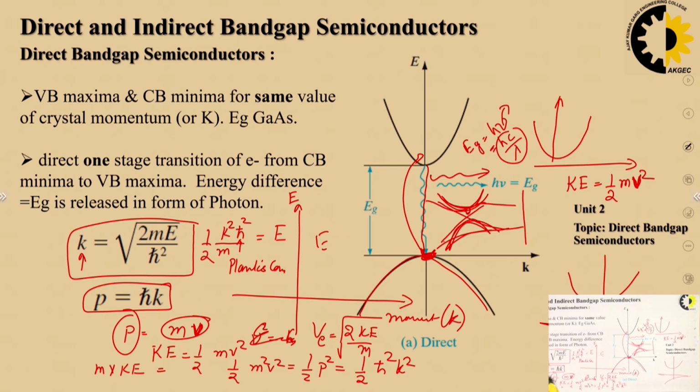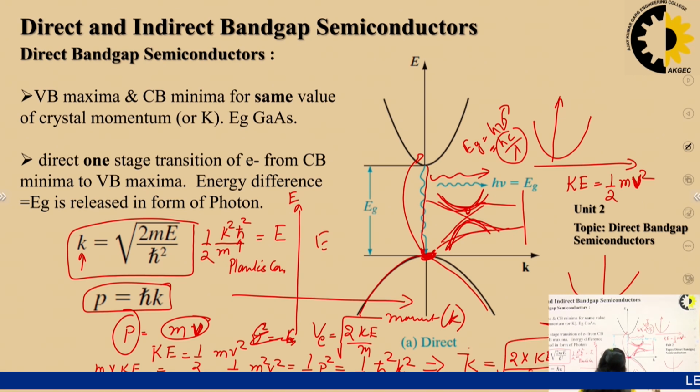So from here we will say that the momentum is the square root of 2 into kinetic energy into m, upon h square. So this formula came from this method.